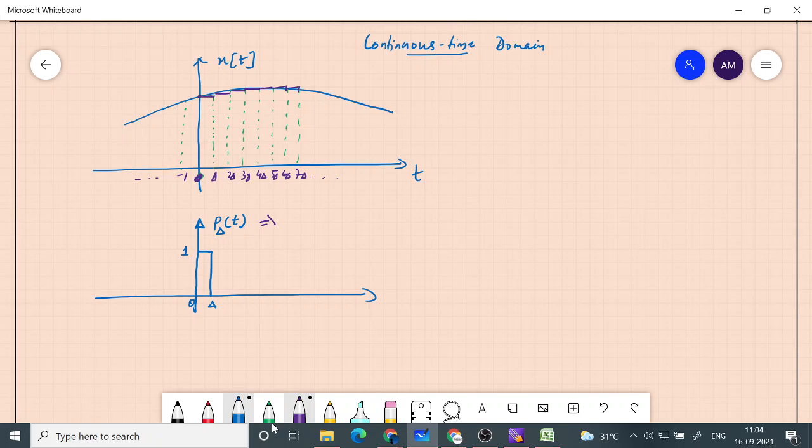So this is my pulse function. Its height is unity, but its width is delta. And then I use another property: whatever is the value of the function at the beginning, I keep it the same throughout the entire pulse.